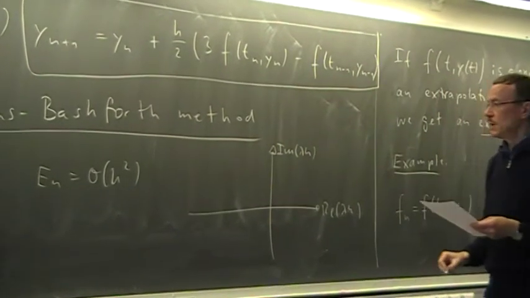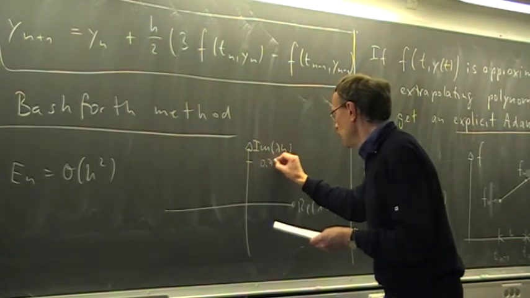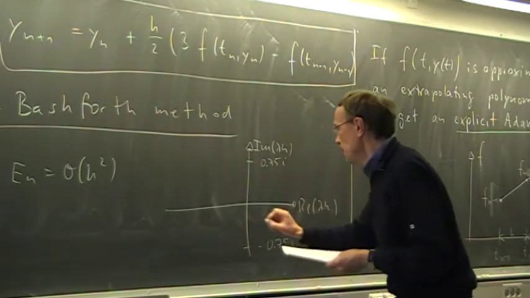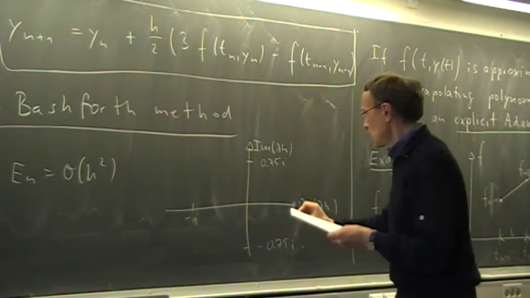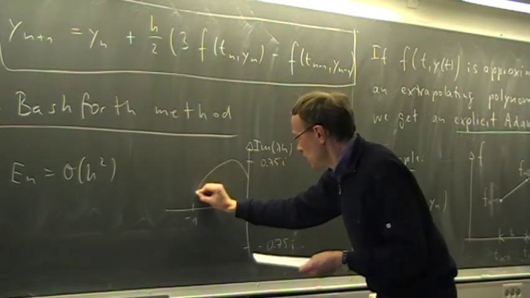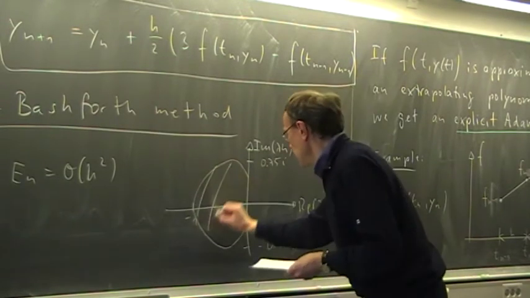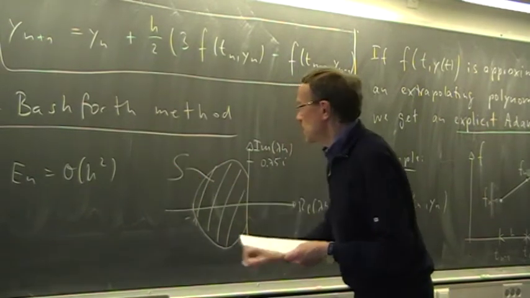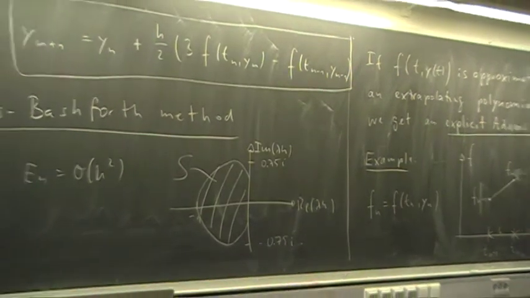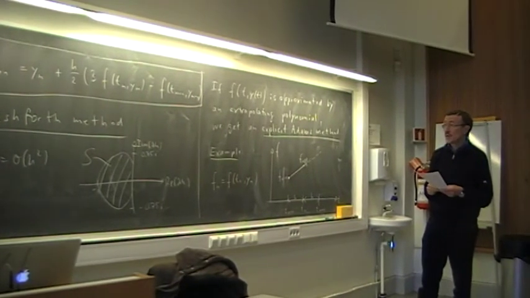But the stability domain turns out to be somewhere between 0.75 i and minus 0.75 i, and along the real axis we are around minus 1, and it goes roughly like that. So that is roughly the stability domain S of the method. It has a small stability domain, even smaller than the explicit Euler method, but it's second order.